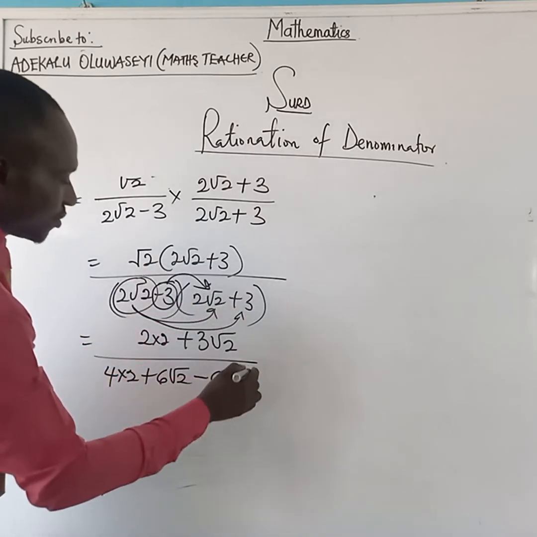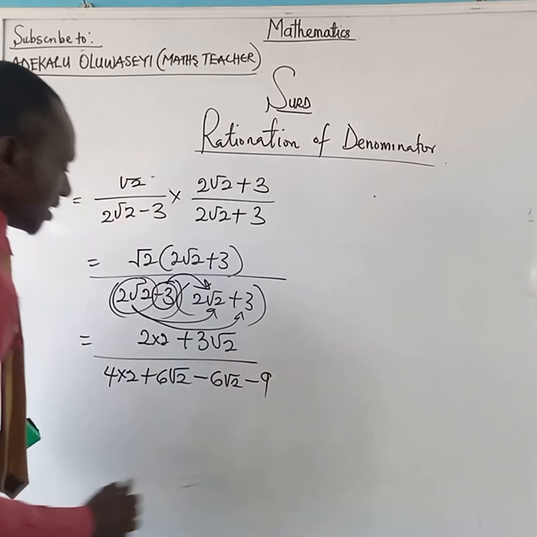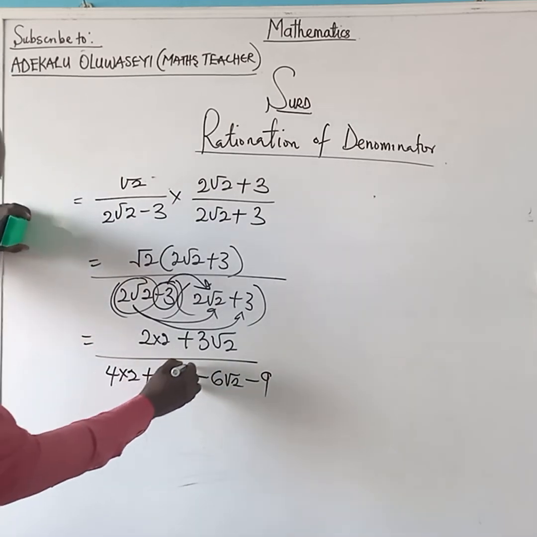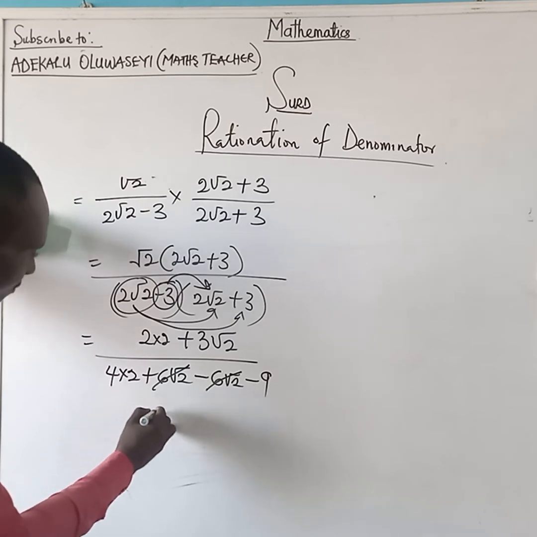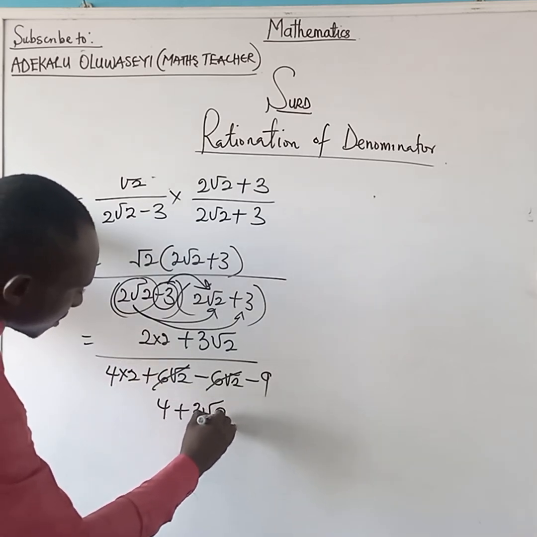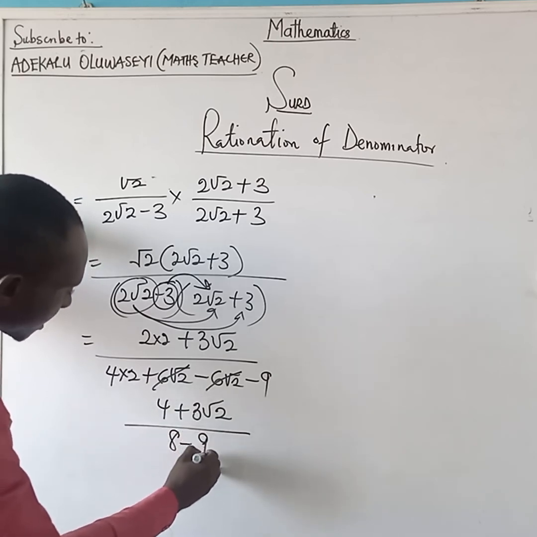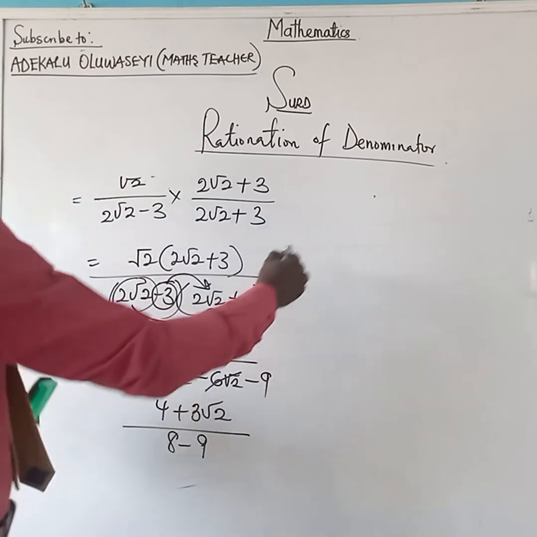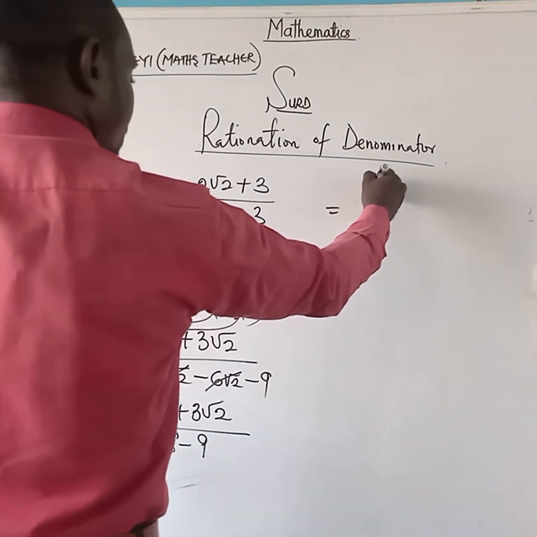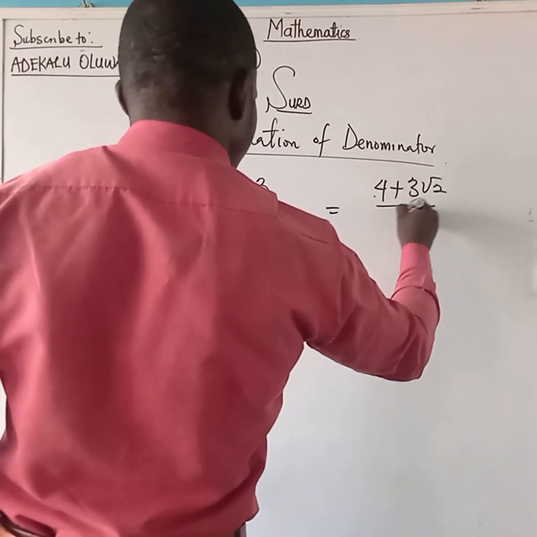And then the next one, minus 3 times plus 3, that is minus 9. So doing that, let's take care of this. We are left with 2 times 2, 4 plus 3 root 2 over 8 minus 9. And finally, we have 4 plus 3 root 2 over minus 1.